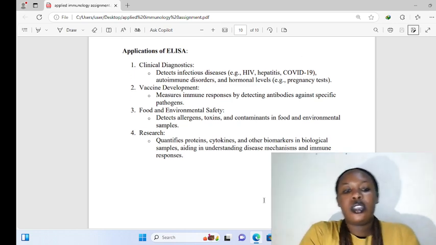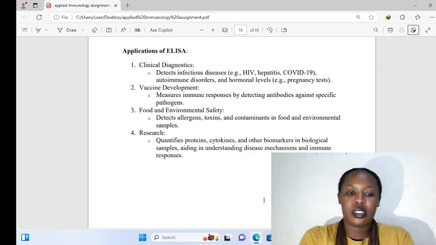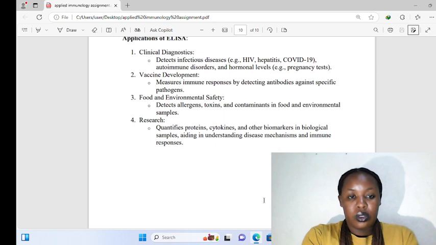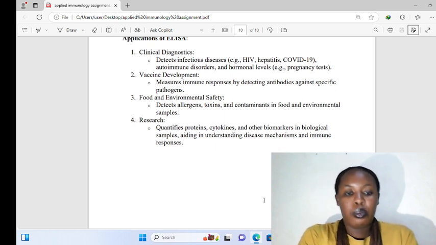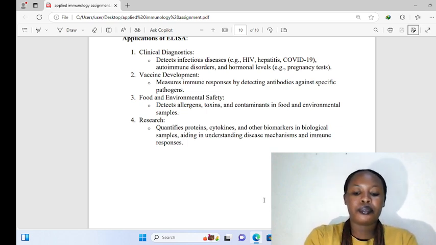This ELISA is applied in clinical diagnostics, where we detect infectious diseases like HIV, hepatitis, COVID-19, autoimmune disorders, and hormonal levels like in pregnancy tests. It is also used in vaccine development, where we measure immune response by detecting antibodies against a specific pathogen.